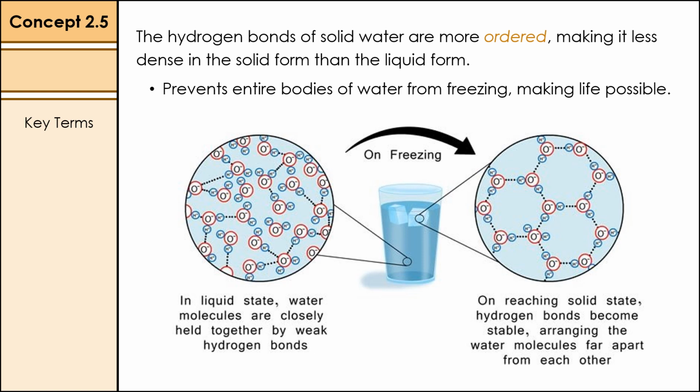You may recall from previous science classes that density causes objects to sink or float. So one of the most important things that water is able to do in order to survive some of these big temperature changes is that when it reaches a solid state, when it freezes, the density decreases, allowing it to float.